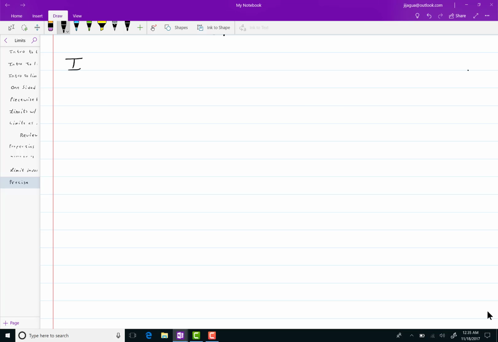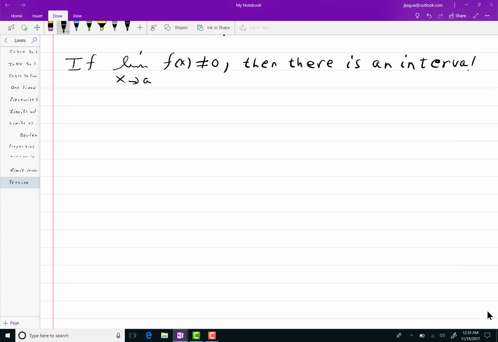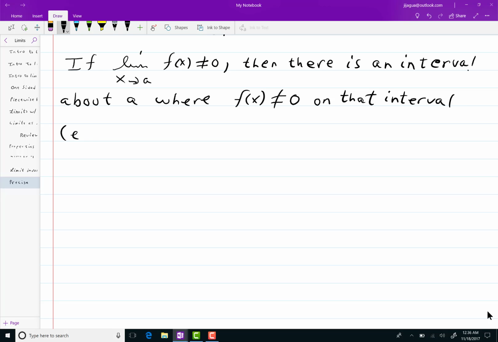If the limit as x goes to a of f of x does not equal 0, then there is an interval about a, that's about the number a, where f of x does not equal 0 on that interval, except maybe at a itself.